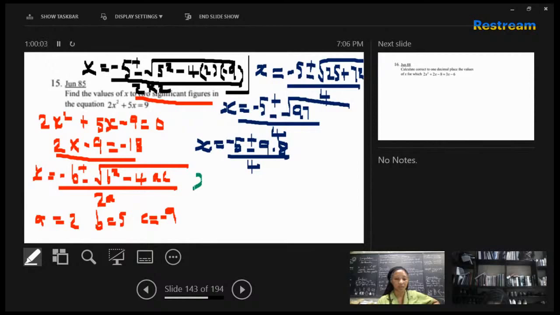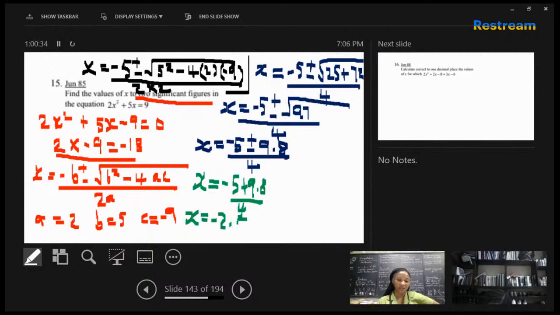Negative 5 plus 9.8 over 4, and x is equal to negative 5 minus 9.8 over 4. Work this first: negative 5 plus 9.8 is 4.8 over 4, that is 1.2.